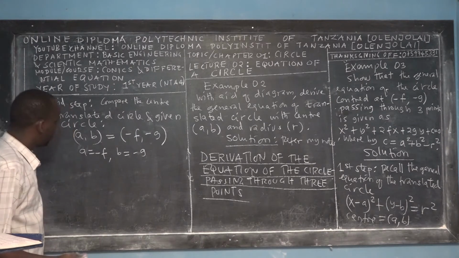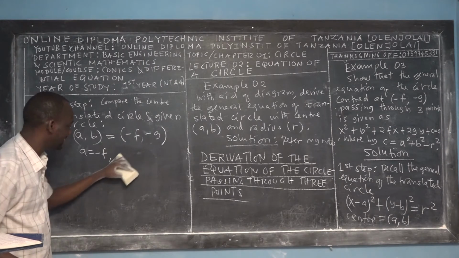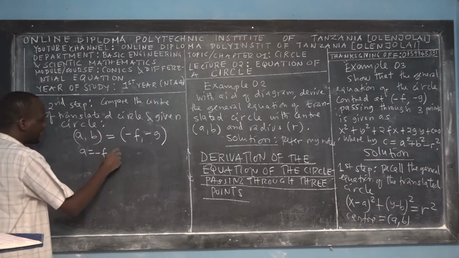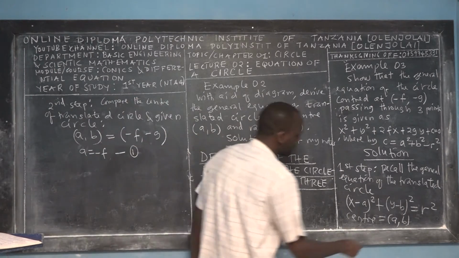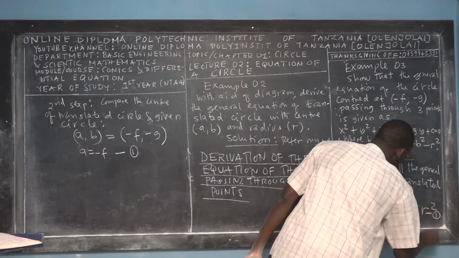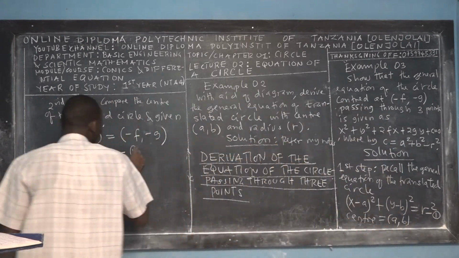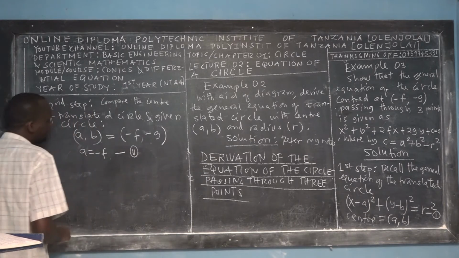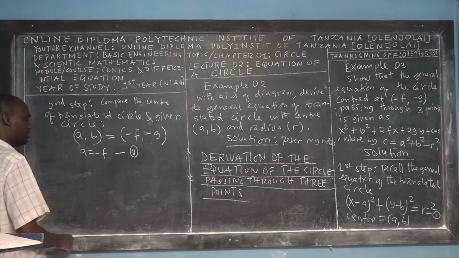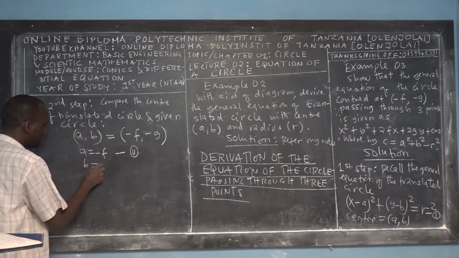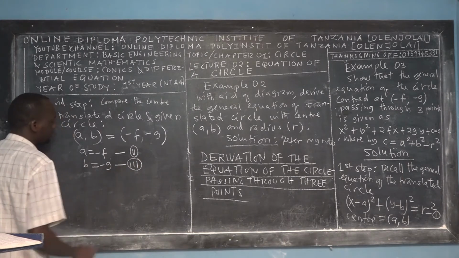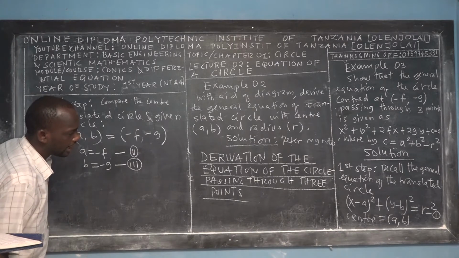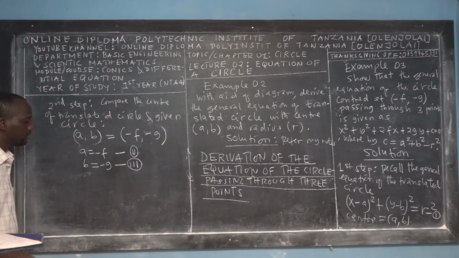Right? Because this is mathematics and these are equations, we can say that a is equal to negative f is equation 2, because we like equations in mathematics. Basic engineering mathematics is beautiful. And then b is equal to negative g, equation 3. So if that's the case, what do we say now?